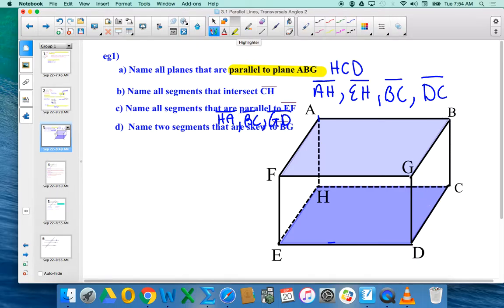So we have BG. Who's got this one? Remember that skew lines are not in the same plane and do not intersect. Say that again. HE.